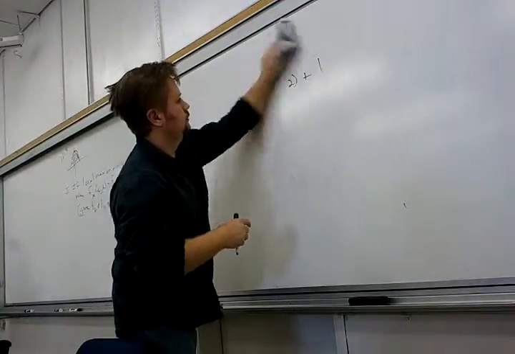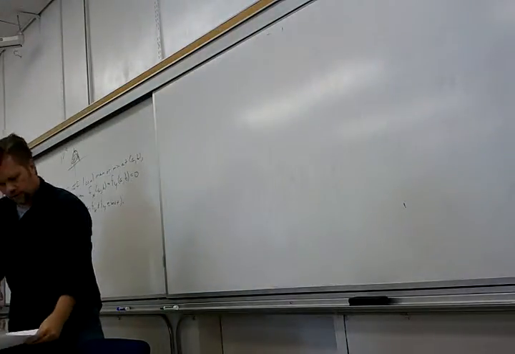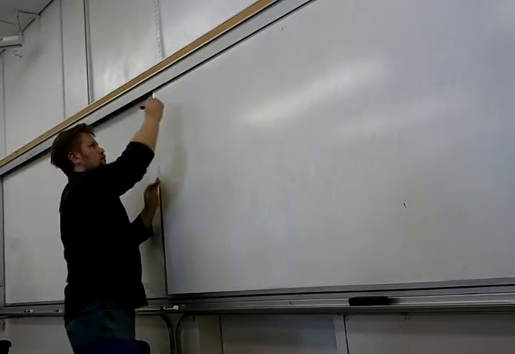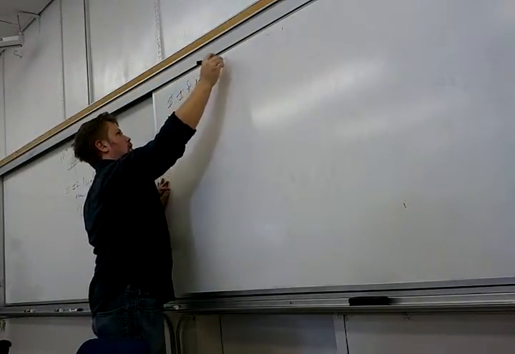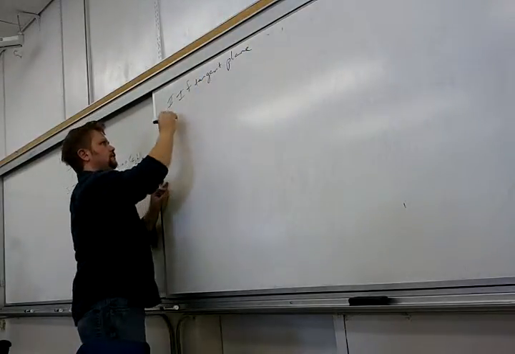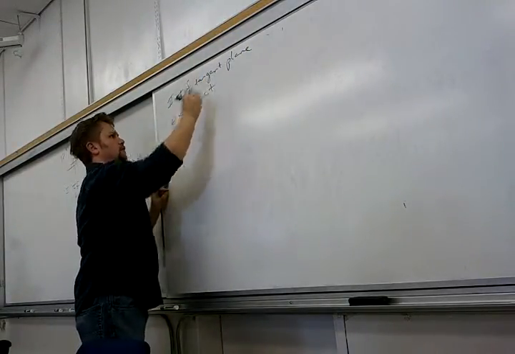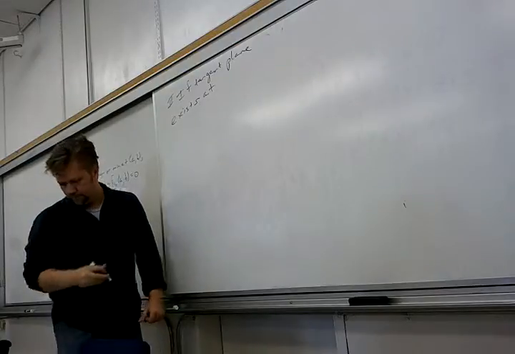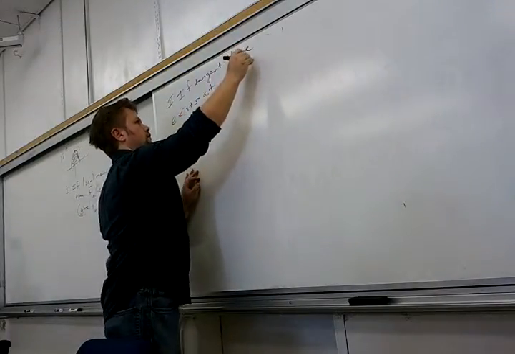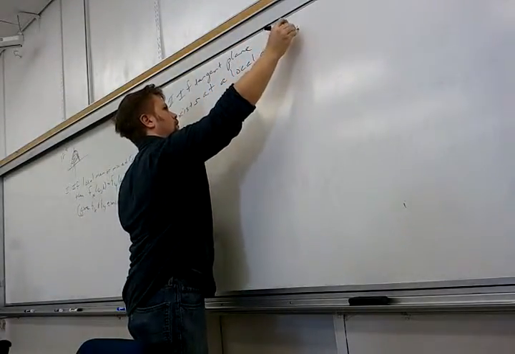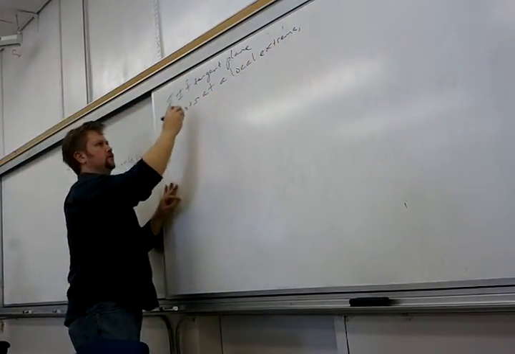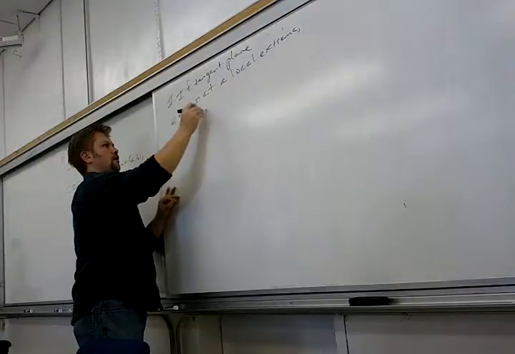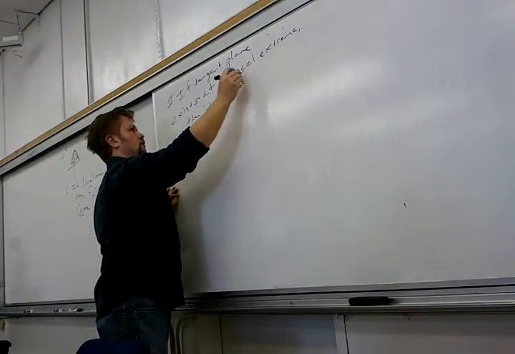Secondly, here's the one that's a little more new. If a tangent plane exists at a local max or a min, I'll just say a local extremum, then it will be what?